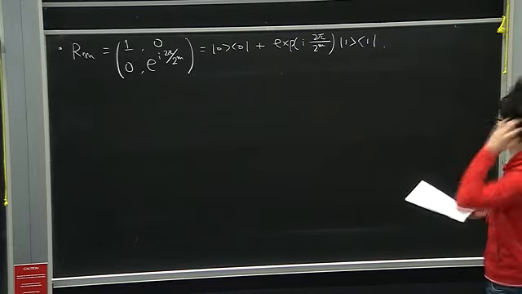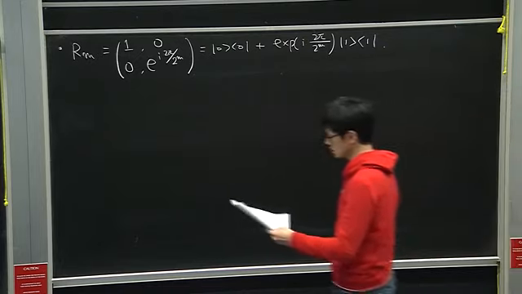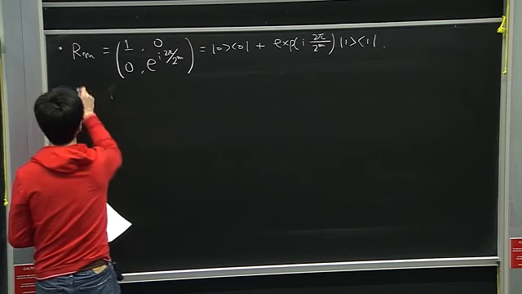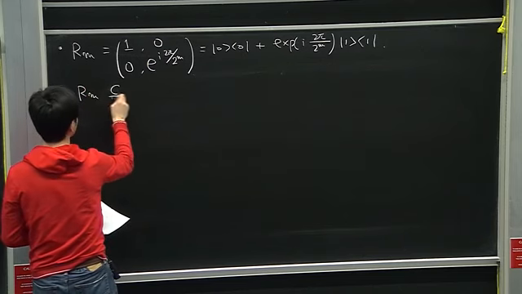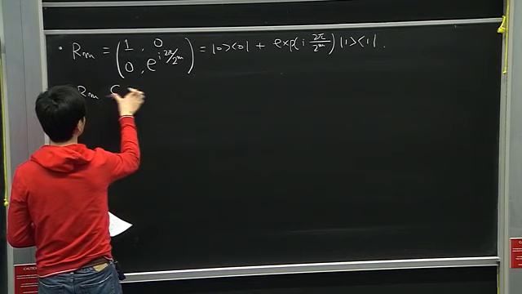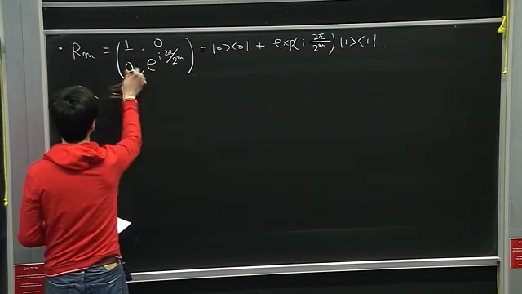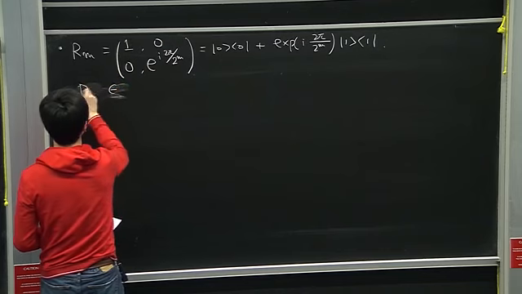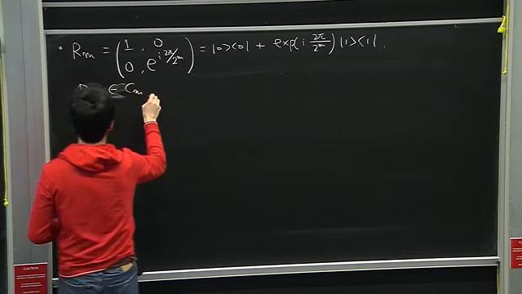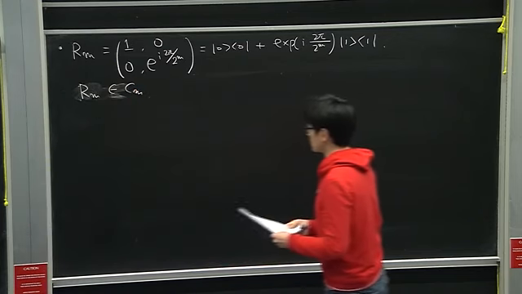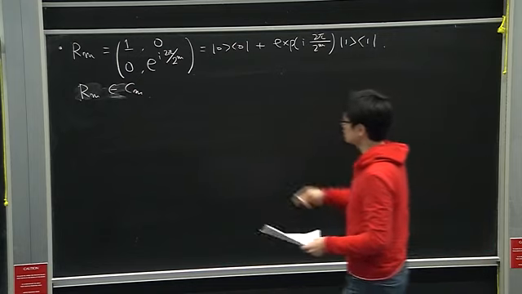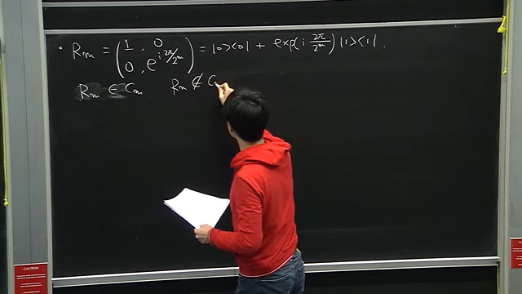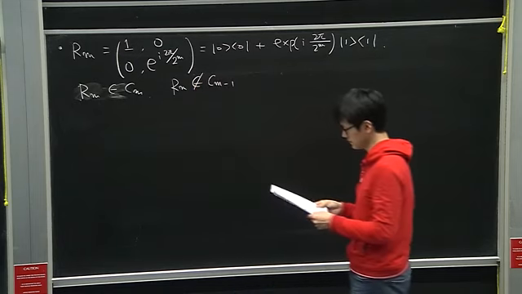So the claim is that Rm belongs to the mth level of the hierarchy, and it's actually outside of the (m-1)th level. So it's a non-trivial gate in the mth level.